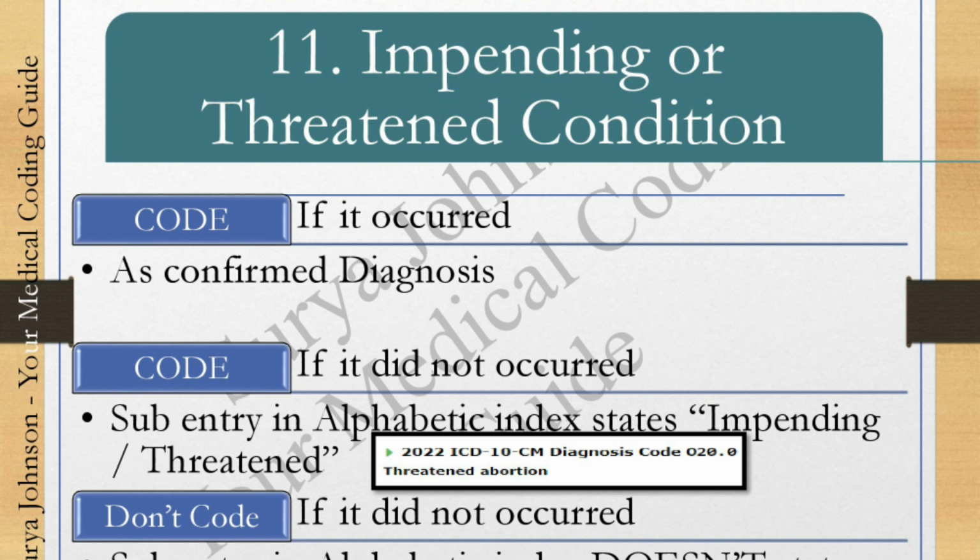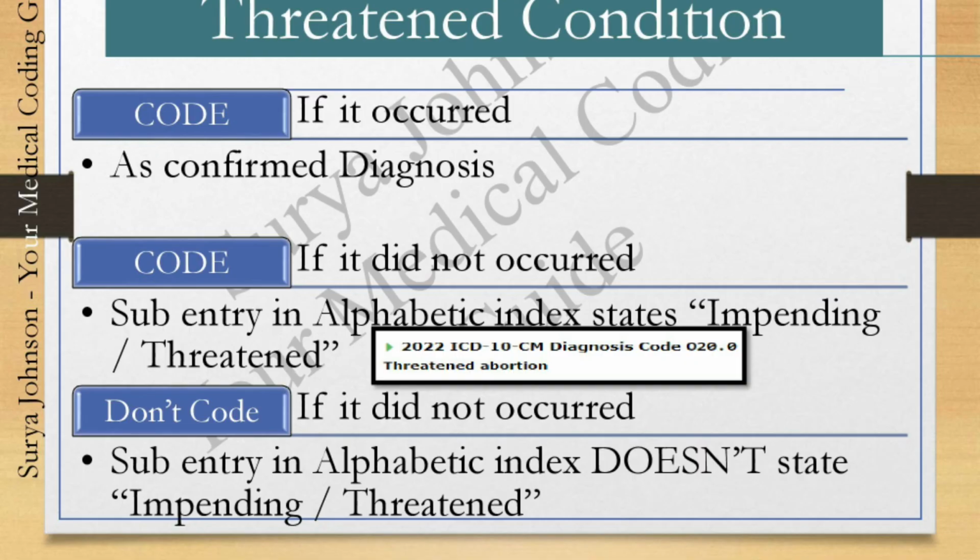If it did not occur, and the alphabetic index does not show the word impending or threatened, then the condition will not have a specific code. Some, like threatened abortion, have a direct code. So if there is a direct code for threatened or impending and they did not occur, then you can code. What if it did not occur, but there is no direct code that states the patient has a threatened or impending condition? In that case, you will not code at all.